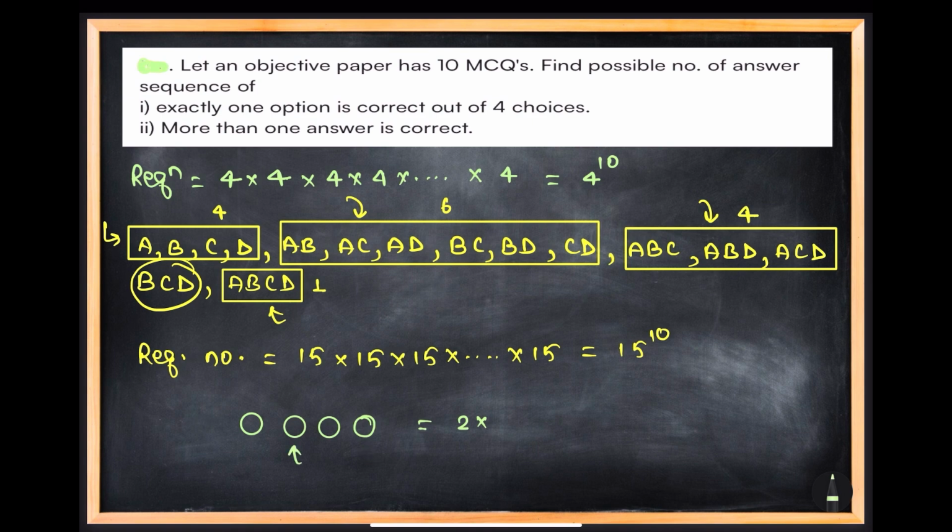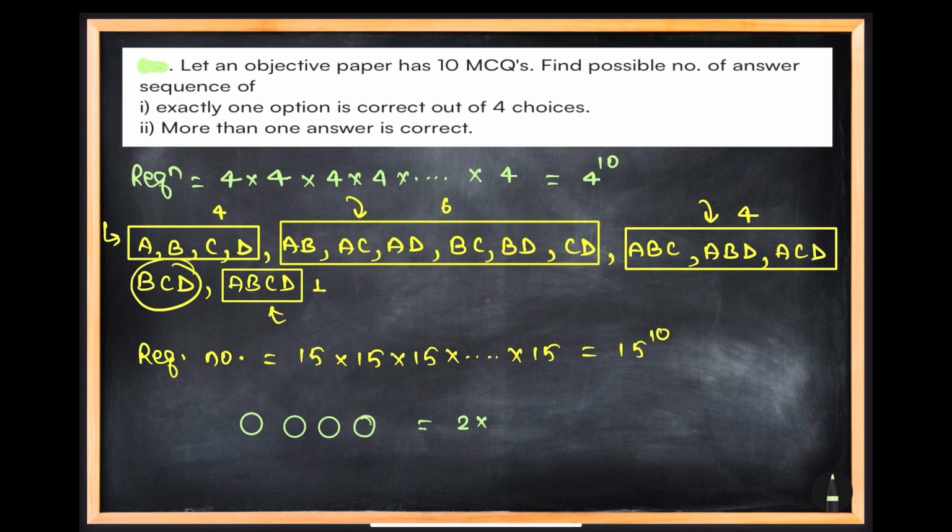Now focus on the second bubble. The moment you look at the second bubble, you have how many choices? Again 2. Either you will fill that bubble or you will skip that bubble. So 2 choices.